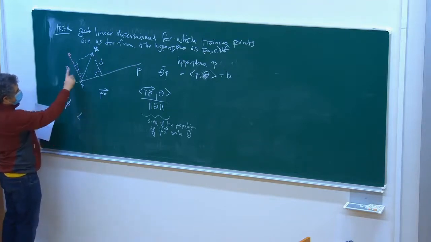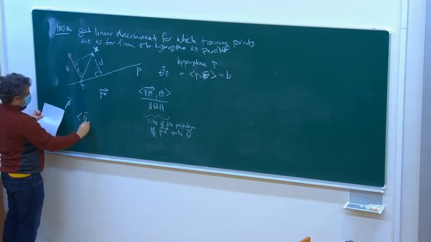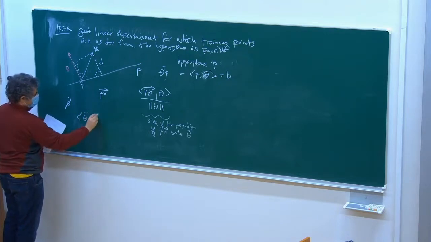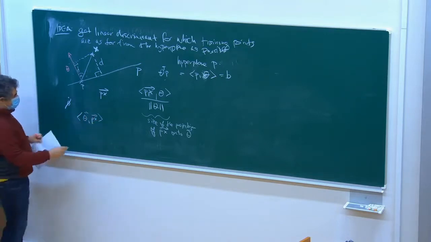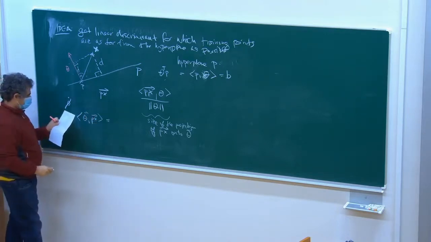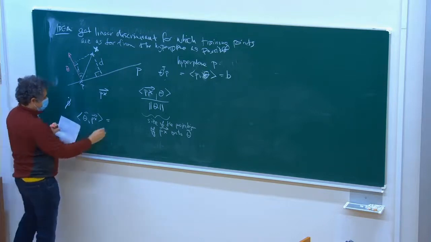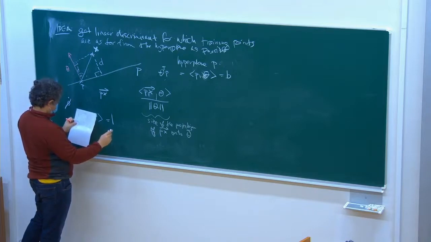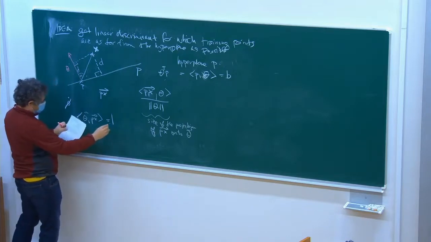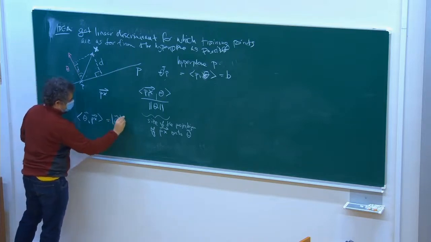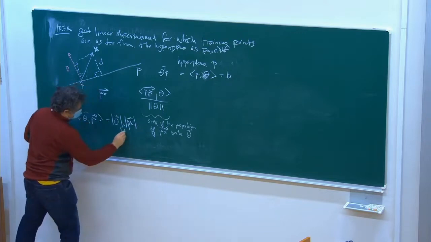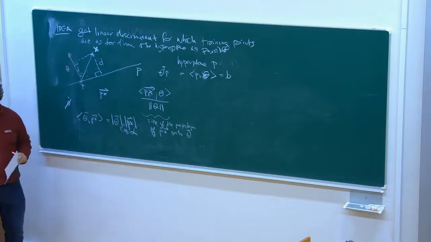If you write it in a multi-dimensional space, you get something like that. If you take vector theta and vector px and take the dot product of those, it is basically the size of vector theta times the size of vector px times the cosine of this angle alpha.